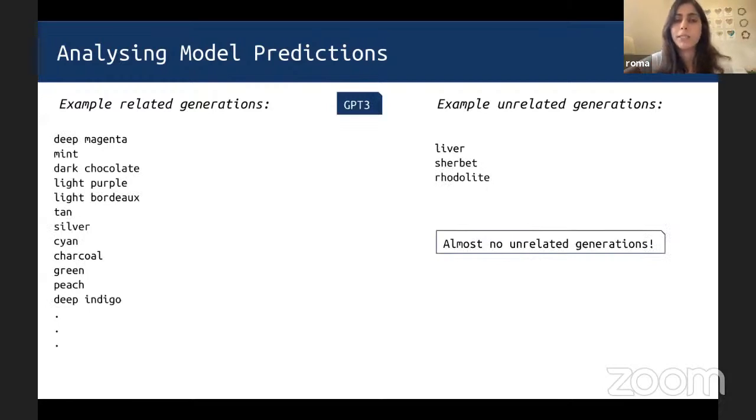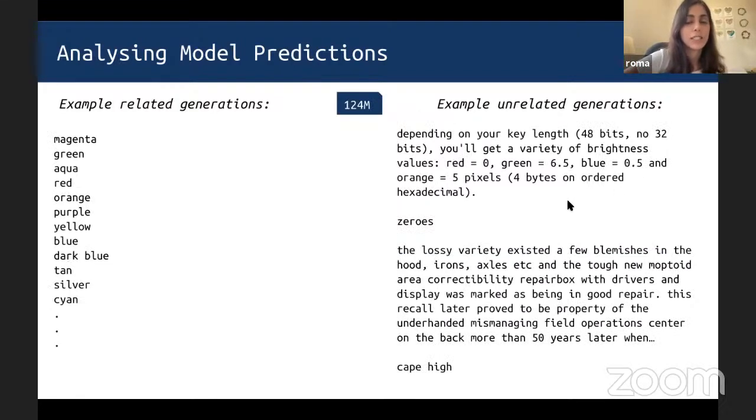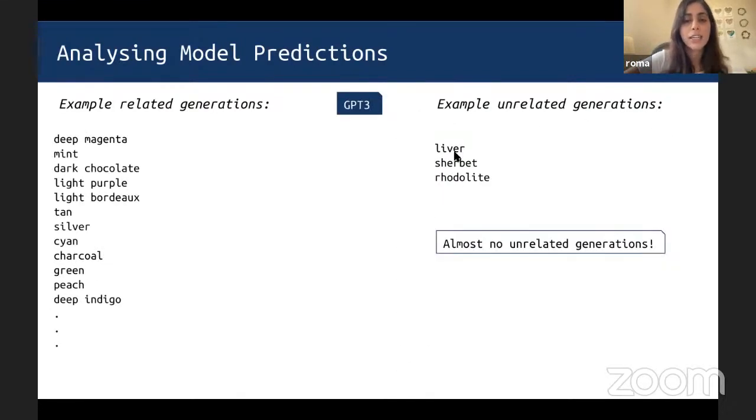However, when you look at the GPT-3 model and its related generations, they're far more varied and far more diverse. Firstly, things like light purple or light Bordeaux, or deep indigo or peach. And the unrelated generations are things like liver or sherbet or rhodolite that are not exactly colors, but are far more intuitive than things like these that you see from the 124M model, because they could actually be interpreted as colors in some way.